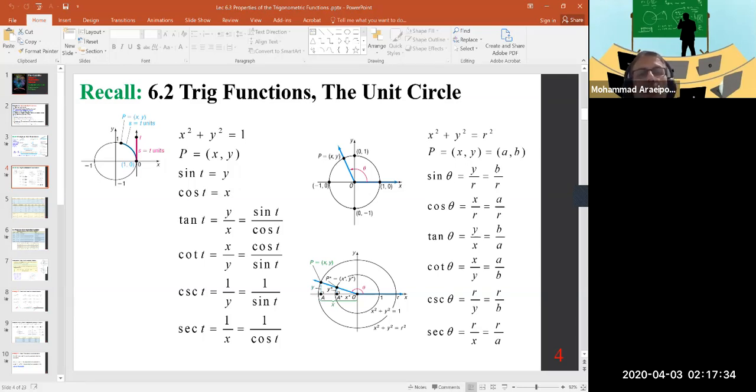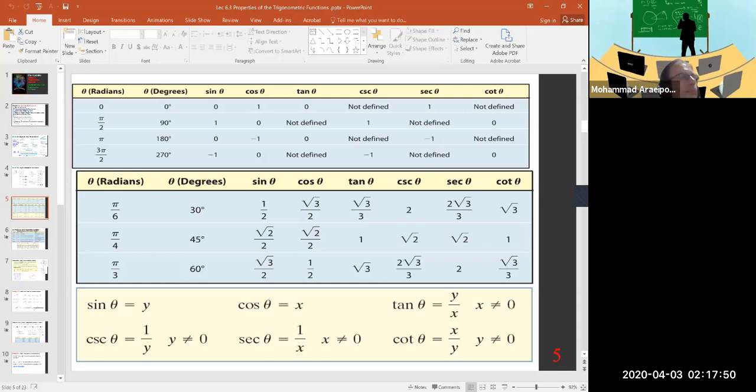The most important thing to remember, x corresponds to cosine, y corresponds to sine, and that will help us figure out whether in a specific quadrant, a sine or cosine is positive or otherwise. And there were some common arcs that hopefully we are very comfortable with.